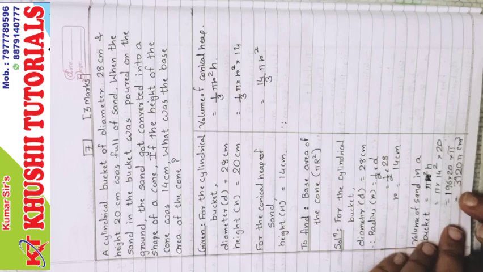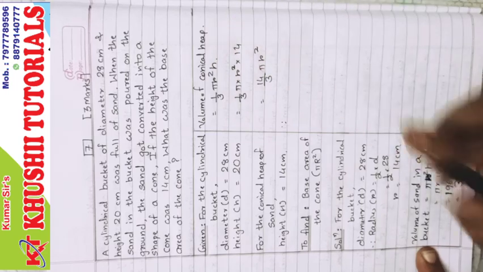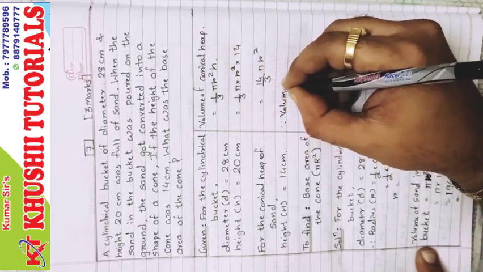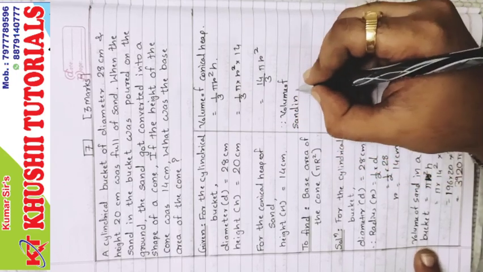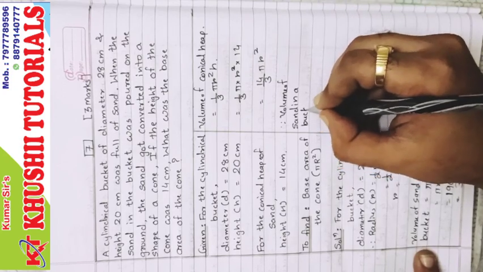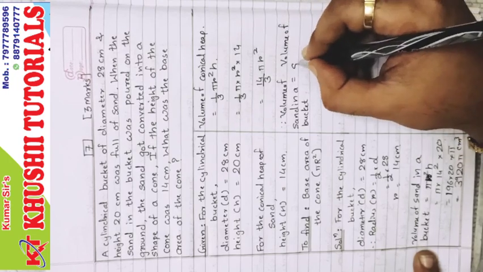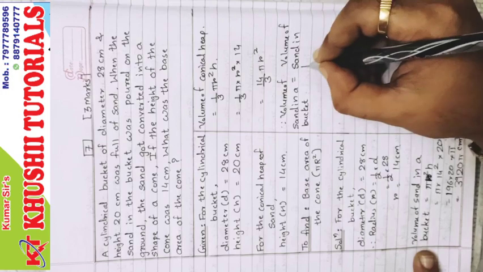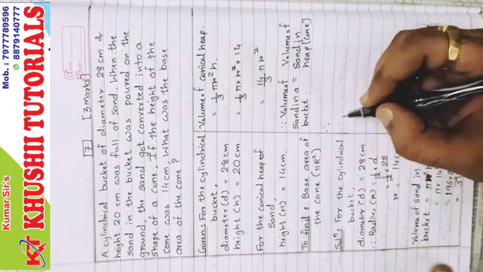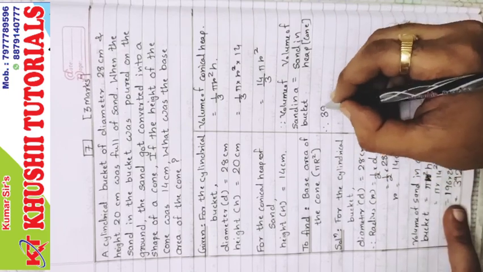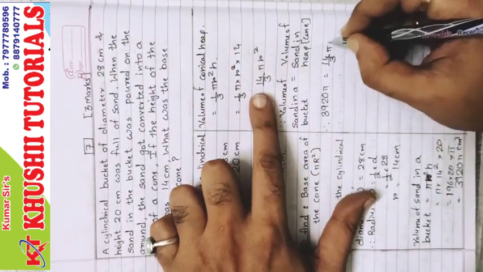Now since the volume of sand in the bucket equals the volume of sand in the conical heap, therefore 3920 pi equal to 14 by 3 pi r square.